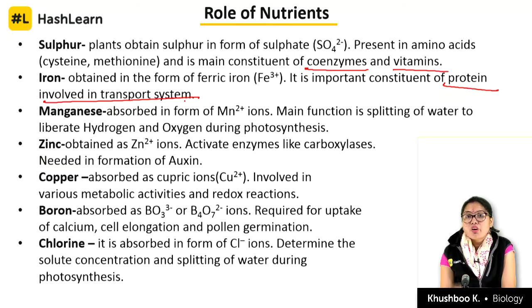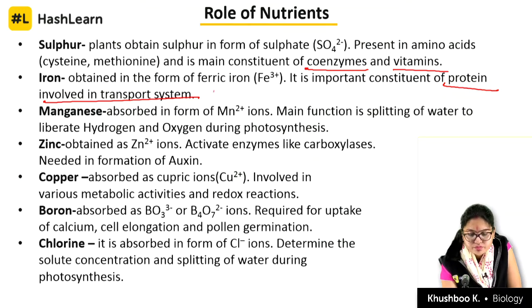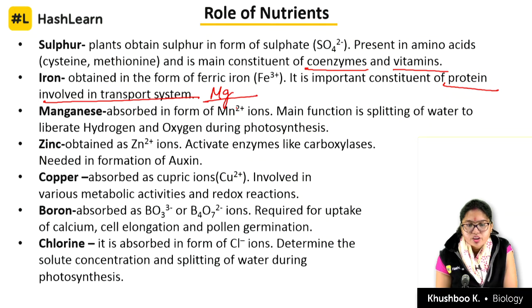We need iron for the proper synthesis of hemoglobin, but in case of plants it will be only in the transport protein, because plant को क्या चाहिए? Maximally they need just this component magnesium for chlorophyll.